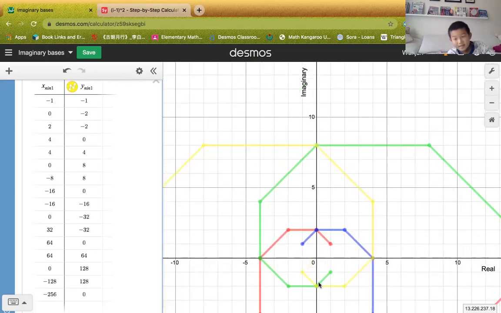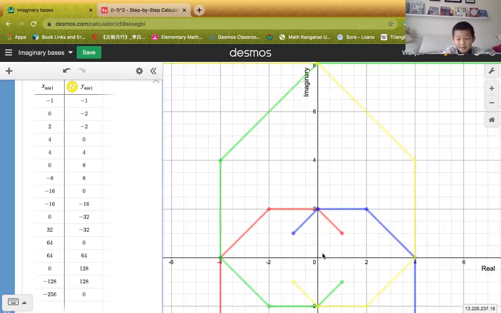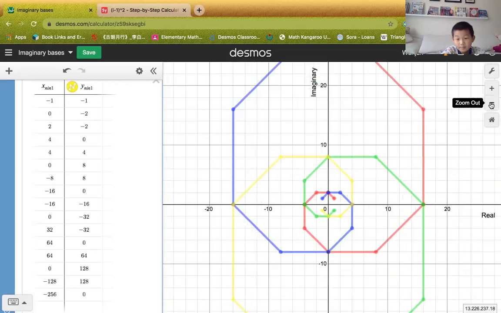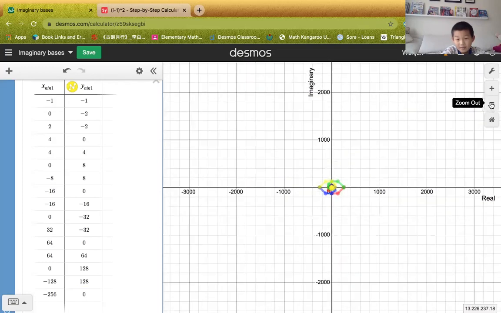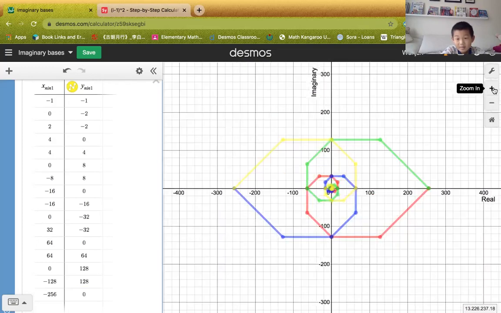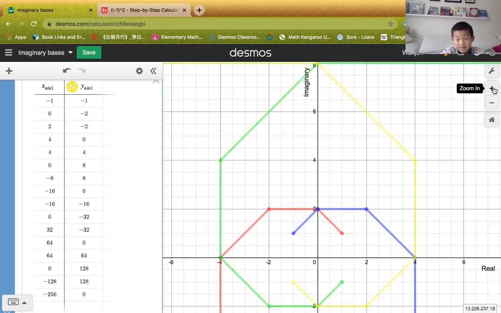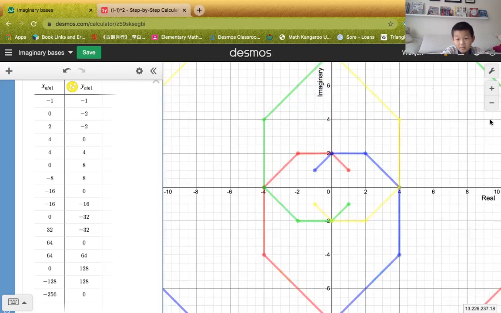It appears that if these were connected, the hexagon is continuously spinning as I zoom out. It looks like the hexagon is spinning.